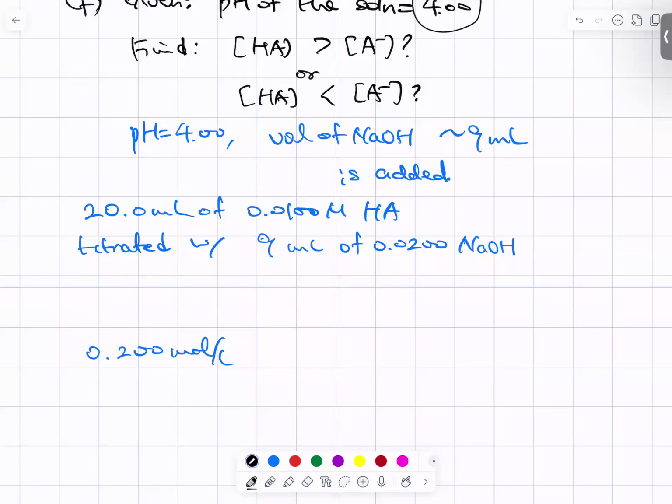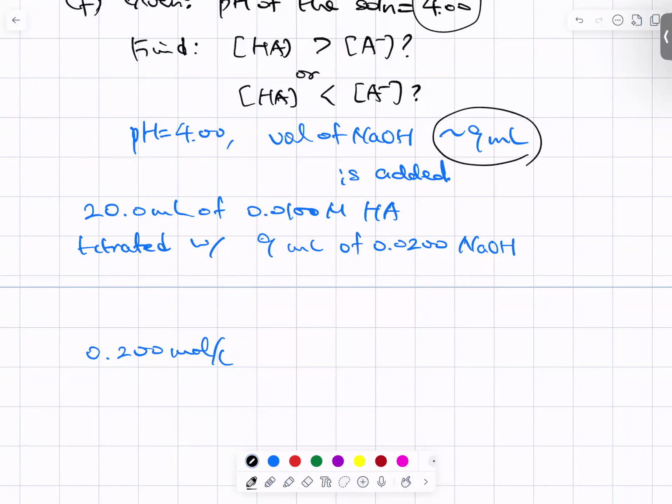So we figured out the volume of sodium hydroxide used to reach pH 4 is approximately 9. We don't need to have a very accurate value. Approximation is good enough because we are doing estimation for quantification.